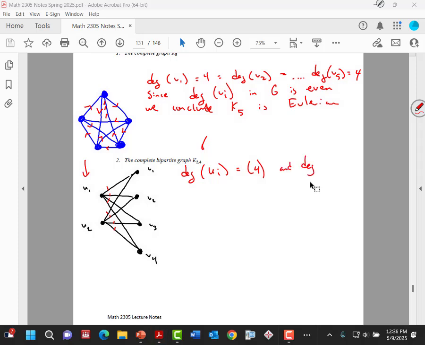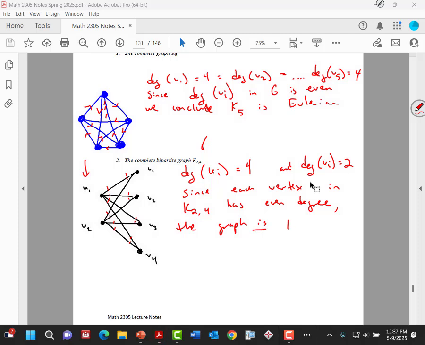And the degree of each V sub i, 1, 2, each of these have degree 2. Since each vertex in K2,4 has even degree, the graph is Eulerian.